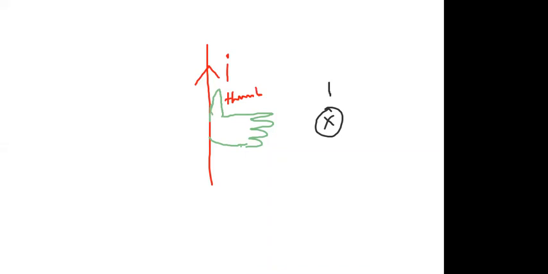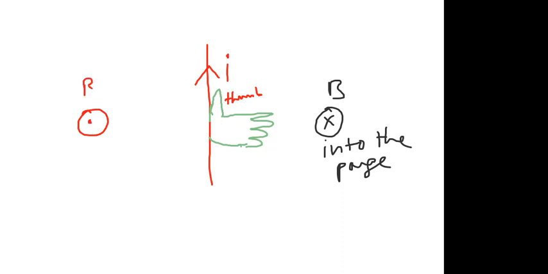This is the direction of magnetic field, that is, B is into the page. We can write into the page. Simple technique to understand. And on the other side, everywhere the magnetic field will be outside. Here B is into and B here is out, out of the page. Magnetic field direction is out of the page.